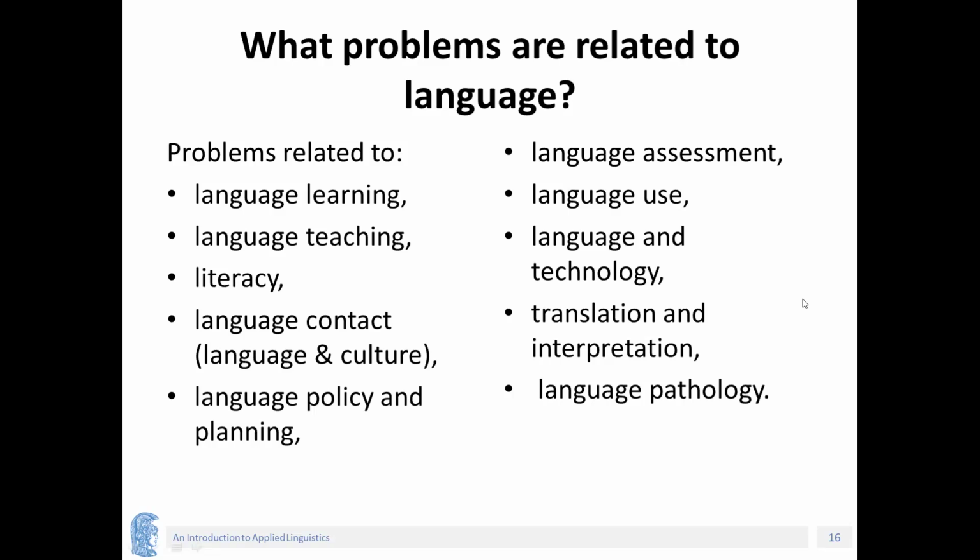Now we are living in a modern world, so we have to integrate technology with language, so there are problems. And then translation and interpretation. Problems are there. And language pathology. In all these areas, you simply see lots of problems related to language.